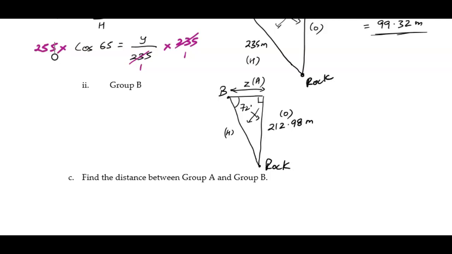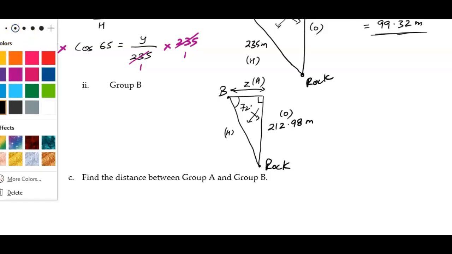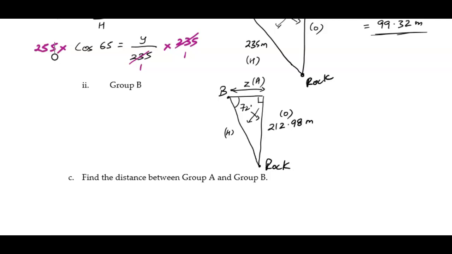So in this question we have the opposite side, we're trying to find the adjacent side, so that's going to help us pick the tan ratio. The tangent ratio is the only one that deals with opposite and adjacent side. So tan theta equals opposite over adjacent. Substituting values, tan 72 equals, the opposite side is 212.98, adjacent side is Z. In order to solve for Z, we need to swap the two.